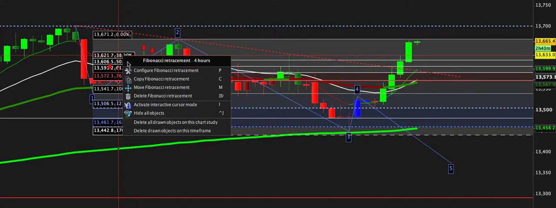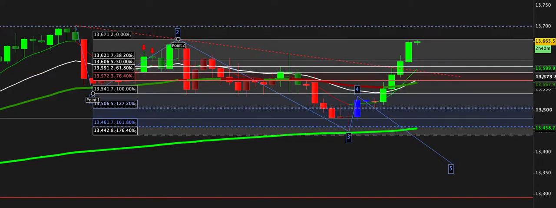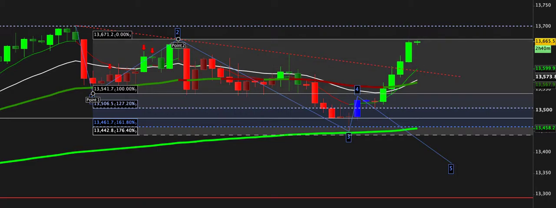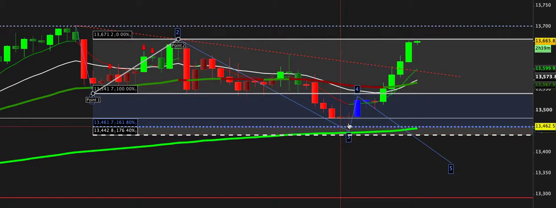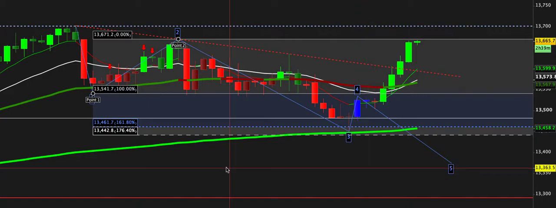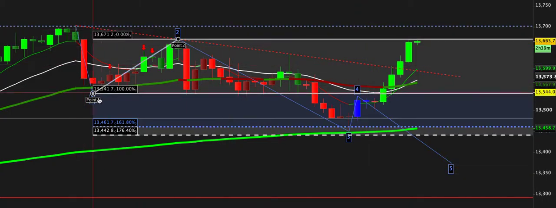Then we'll look for the fib extensions, which are the 161 ideally, the 161 fib extension to the 176. So 161 ideally is pretty much what we look for, always down to around this level as our target, and that's wave 3. As you can see, based on this price action, we had that.